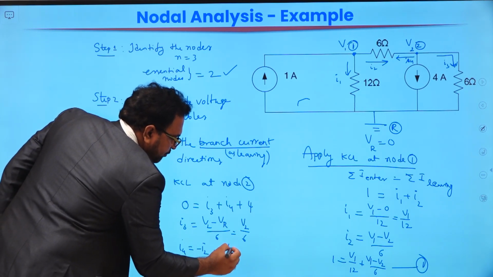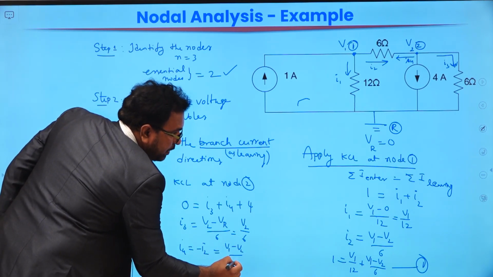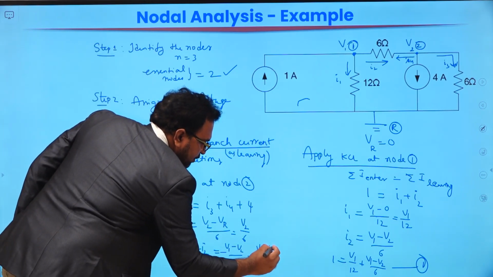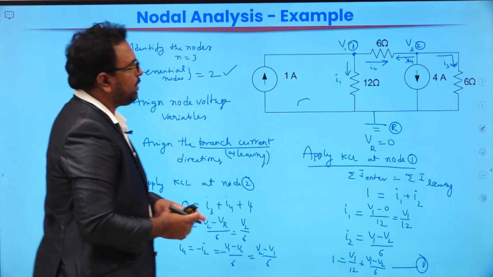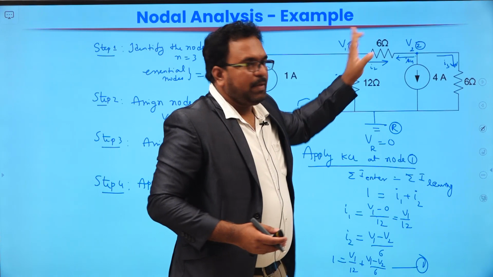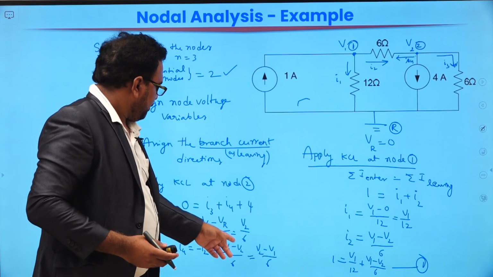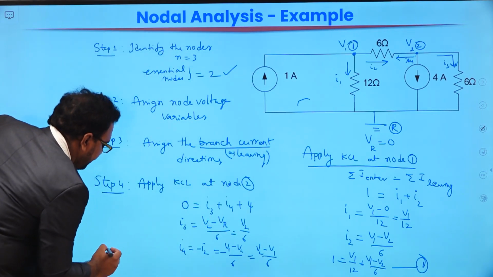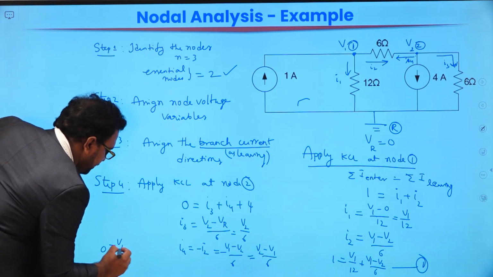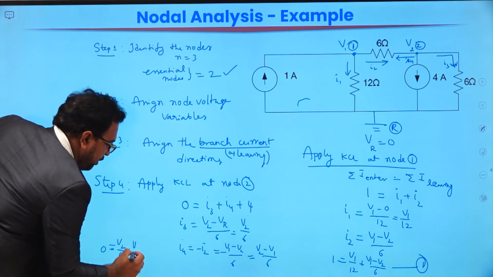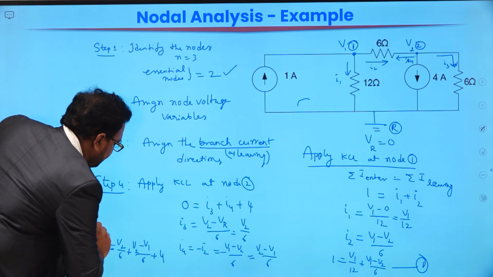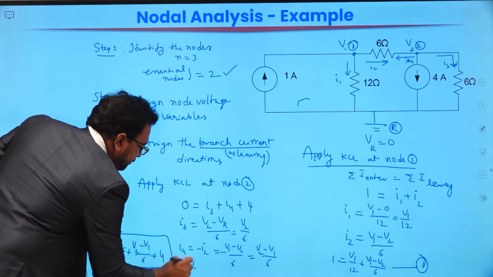V1 minus V2 by 6, so minus of that becomes V2 minus V1 by 6. Since I4 is flowing from node 2 to node 1, it is V2 minus V1 by 6. If you substitute here, you get 0 equal to V2 by 6 plus V2 minus V1 by 6 plus 4 amperes. This is the second equation.